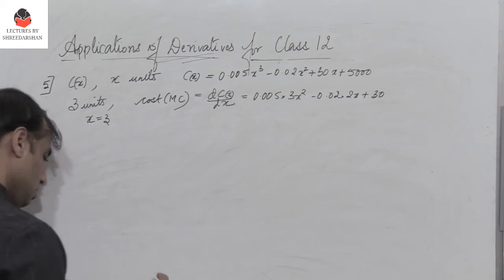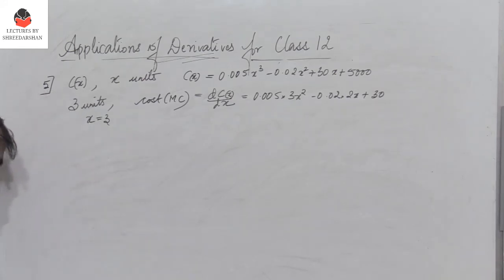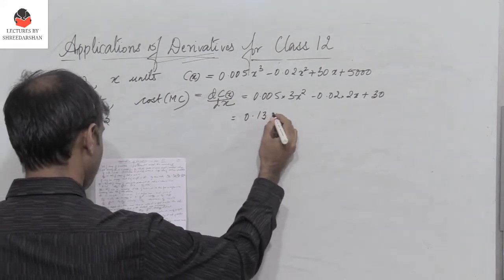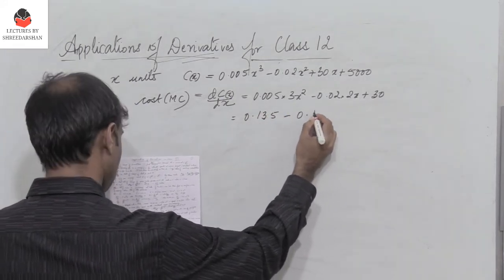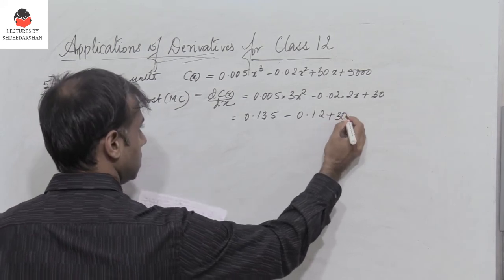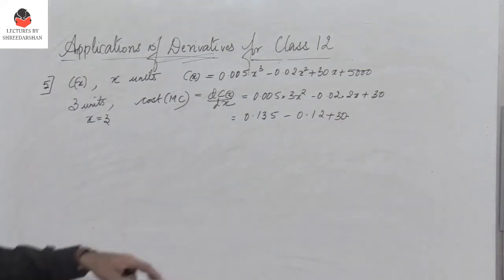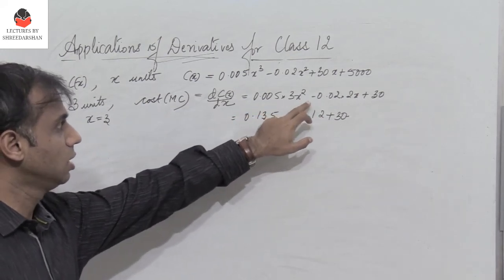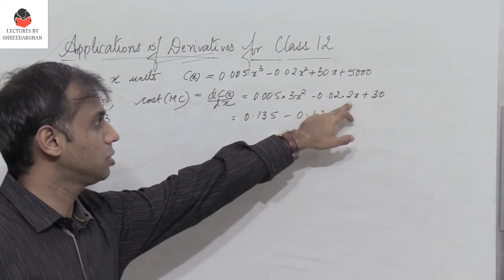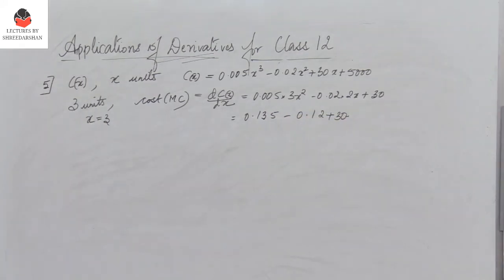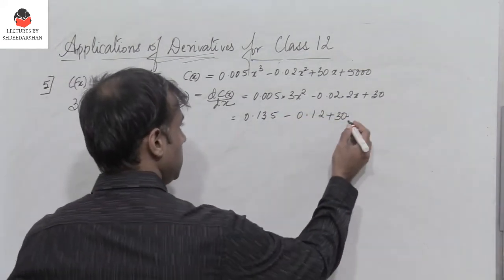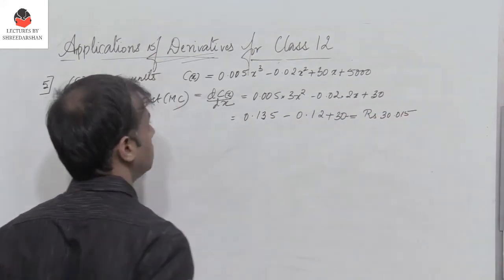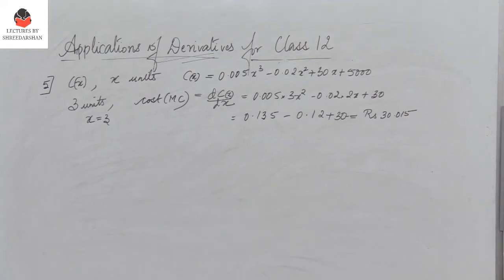So what do I get? I get 0.005 into 3 into 9 minus 0.02 into 2 into 3 plus 30, which is 0.135 minus 0.12 plus 30. So that would effectively give me rupees 30.015. Right? So this completes problem 5.